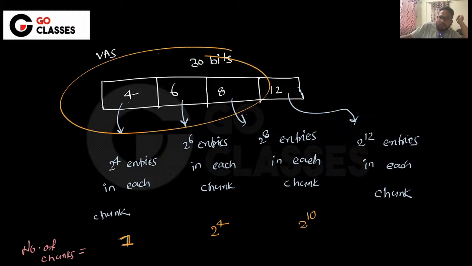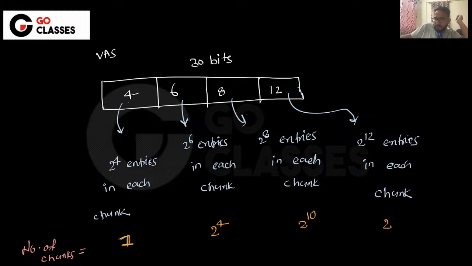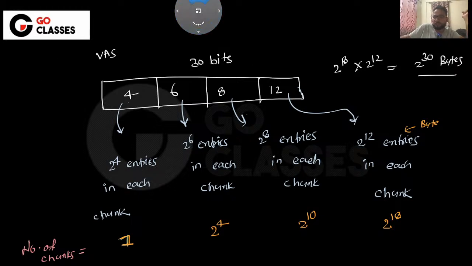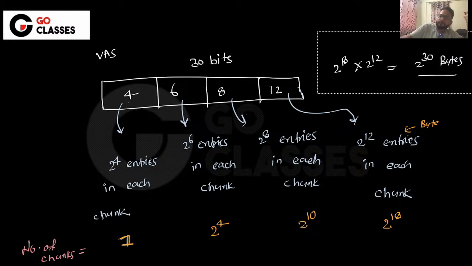Total is 18, so 2 power 18 chunks. There are 2 power 12 entries, and at the last level it is just a byte. So there are 2 power 12 bytes in each chunk, and a total of 2 power 18 chunks, which means 2 power 30 bytes in the total process. And that is actually true, right? Because 30 bits is my process size, or the virtual address space.